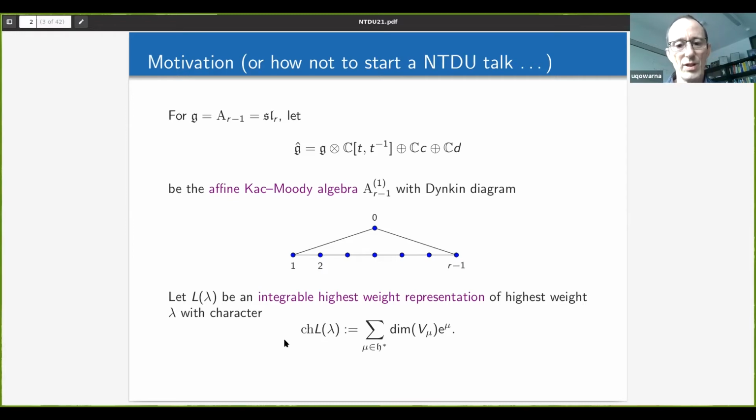Let's just accept that there are these characters of irreducible representations, and in particular, a very important class of representations of these affine Lie algebras. They are known as integrable highest weight representations. This is probably the most important class of representations. In a moment, I'll actually enlarge this class slightly, but let's for the moment stick to these integrable highest weight representations, whatever they are.